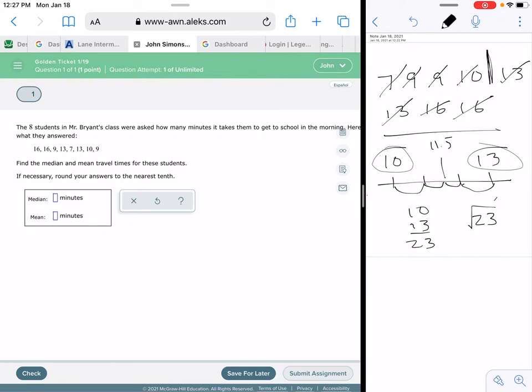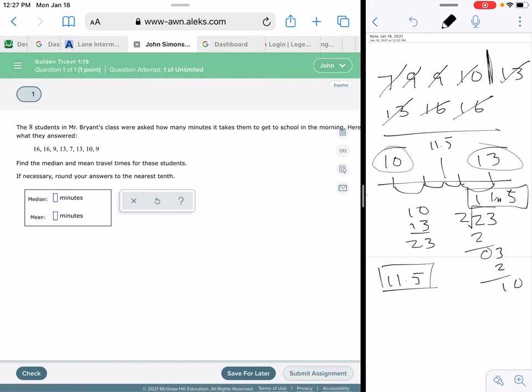You're adding 2 numbers here, so you divide by 2. When you divide 23 by 2, you get 11.5, the same value we got before. So the median of this set is going to be 11.5.